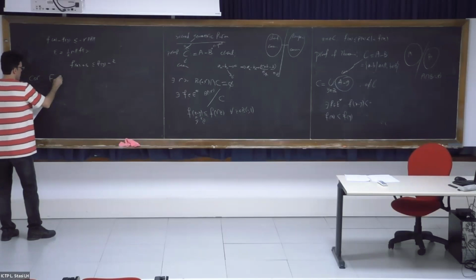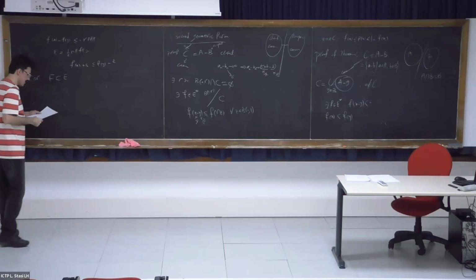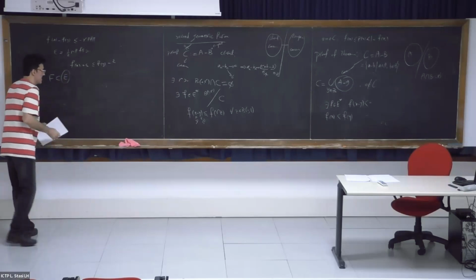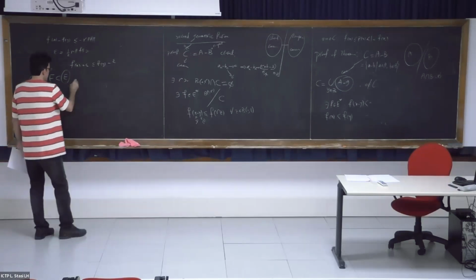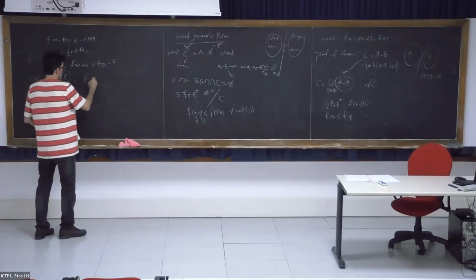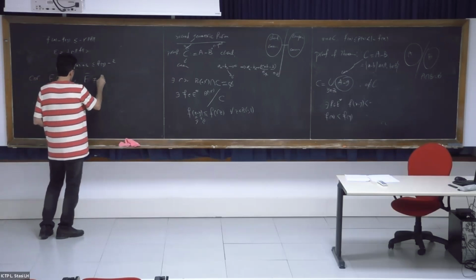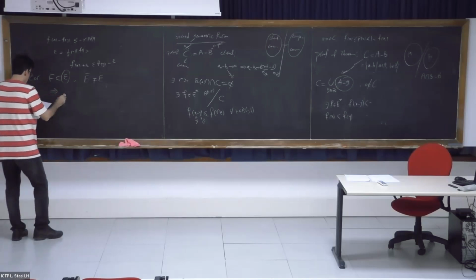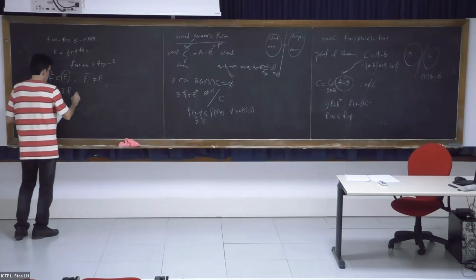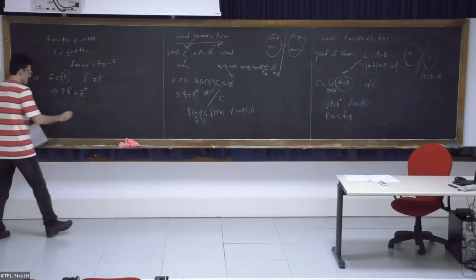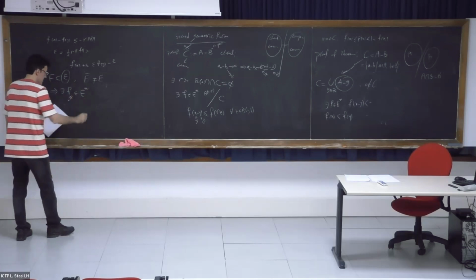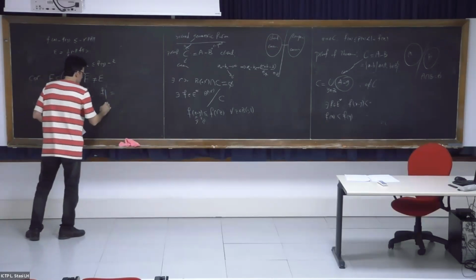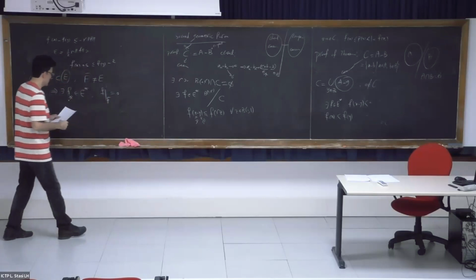Let F be a subspace of E, a linear space, and assume that it is not dense in E. Then we may obtain an f in E star that is not zero, but restricted to F it is zero.